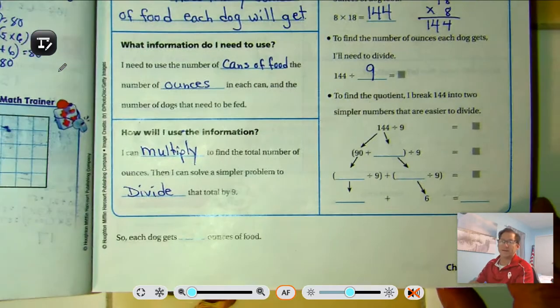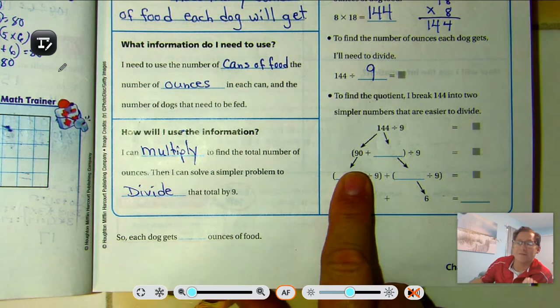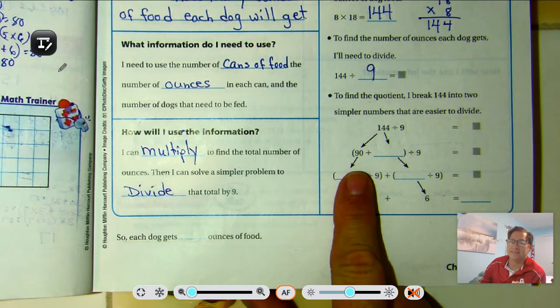So now this is where we get into the divide by a simpler problem. So we're looking at the multiples of 9: 9, 18, 27, 36, 45, 54, 63, 72, 81, 90, 99, so on, okay?